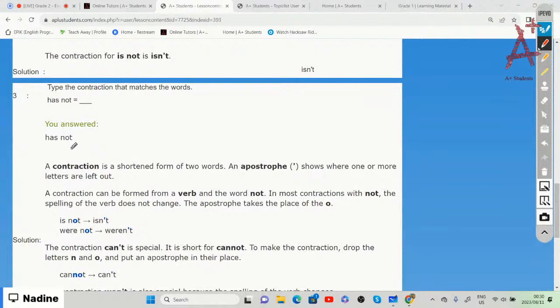The contraction of has not is hasn't. In hasn't, the apostrophe is there in place of the letter that we left out, and basically only the O is left out. But has, the first word, stays the same.